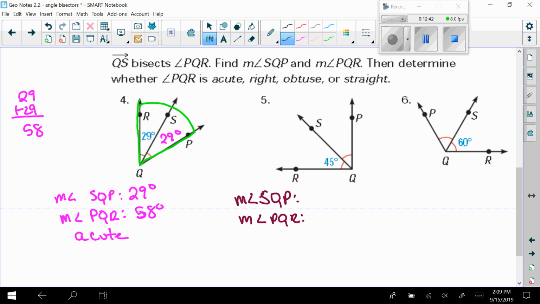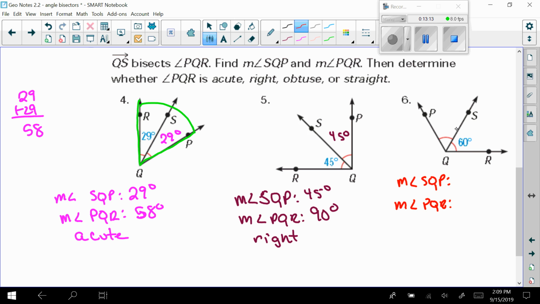All right, SQP for this one is 45 degrees because they're congruent. And then RQP or PQR is 90 degrees. And we all know that a 90-degree angle is a right angle. Okay? And then here, measurement of angle SQP and measurement of angle PQR.